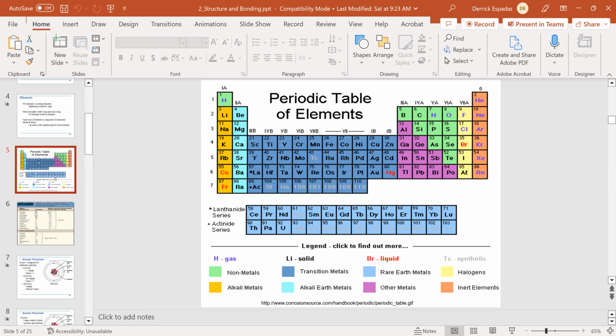You can see there are non-metals, alkaline earth metals, rare earth metals. To be honest, I probably don't get past the first 10 before I start going, what is that? I'm not asking you to memorize, but it's always good to know where to go look for it. To do a lot of the work that we're going to do, it's going to be handy to have this there because a lot of the answers are right on this table.